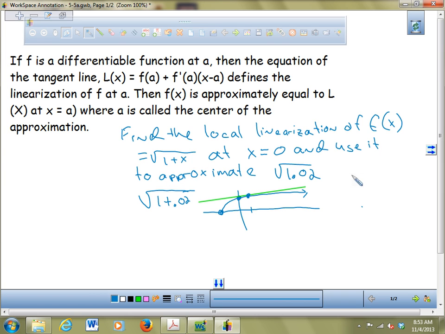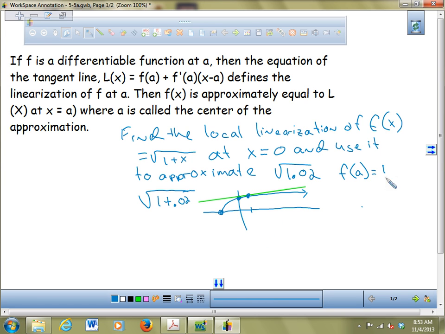So all you have to do is first find f of a. If this is f of x, what do I get when I plug in 0 in there? What's f of a? What's the square root of 1 plus 0? 1. You can do it. All right? Now I have to find f prime of a.